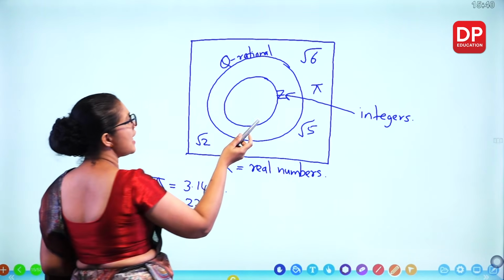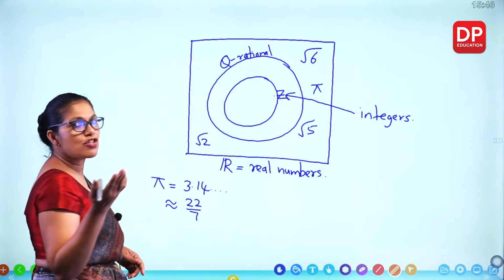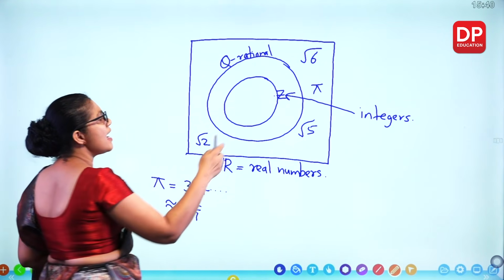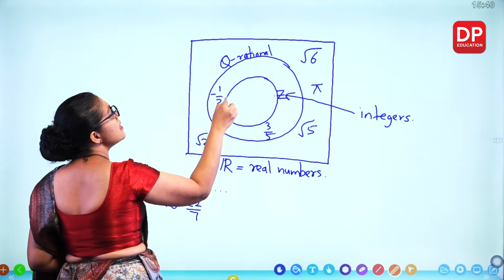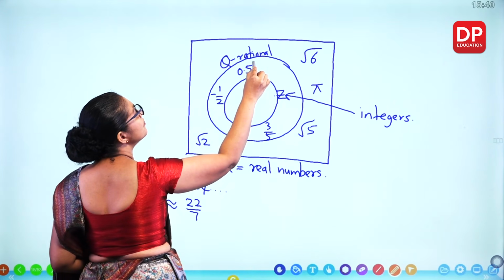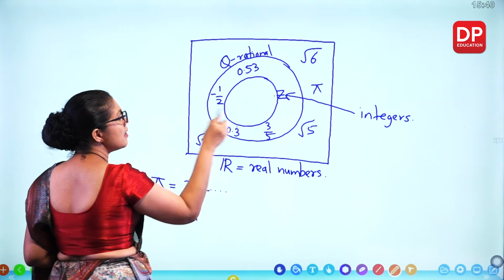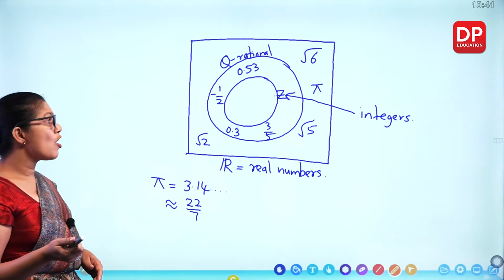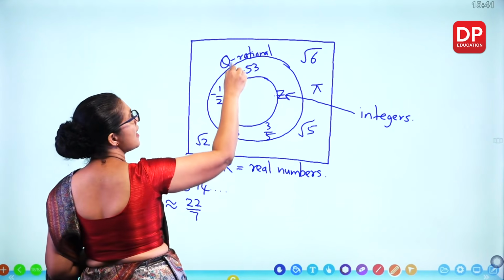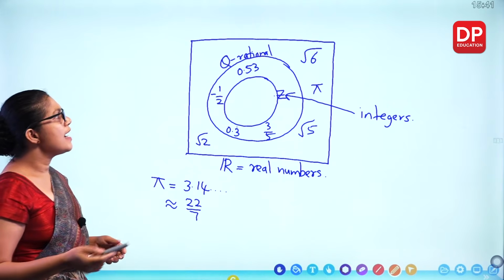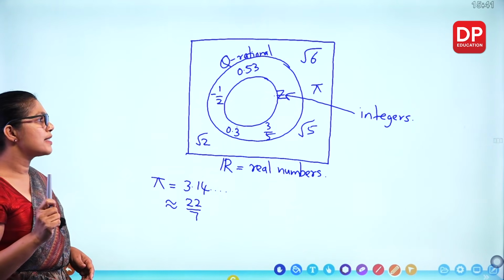So if you take outside integers and inside rationals, we can write any fraction value, any decimal value, or any recurring decimal, because recurring decimal is also rational, and terminating decimals, finite decimals, fractions, anything outside integers, because integers are whole numbers.